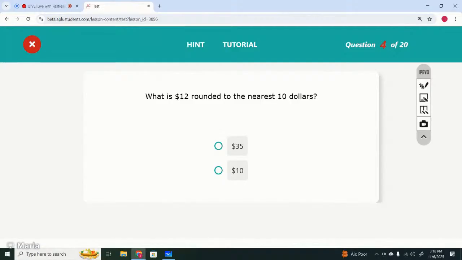What is $12 rounded to the nearest $10? So $12 is rounded to which nearest $10?